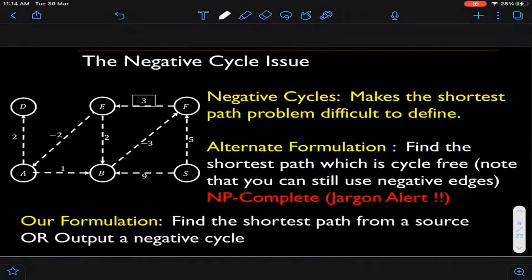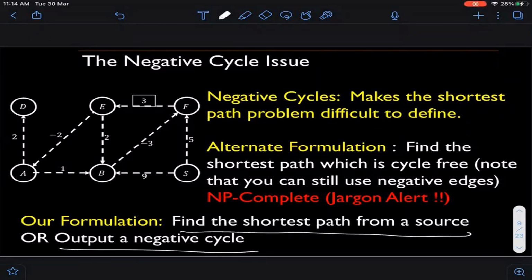So here is our final formulation. I ask you to find the shortest path from a source, or you tell me that there is a negative cycle in the graph. You do one of the two. If there is a negative cycle in your graph, then you just output that there is a negative cycle, so I don't even want to solve the shortest path problem. But if there is no negative cycle, then you should correctly find the shortest path.